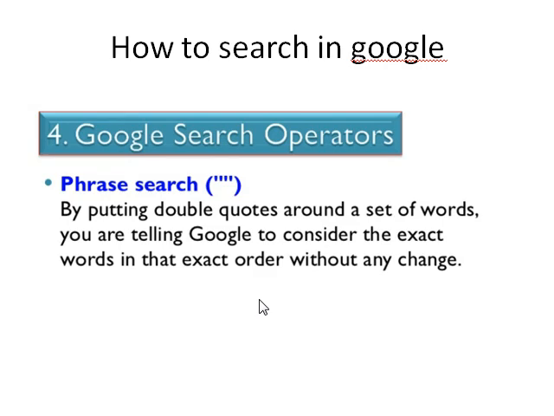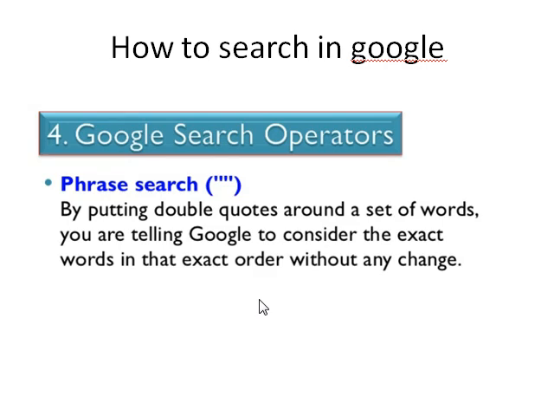For example, if you write optimization techniques, the Google search results may include one text with techniques, optimization, and optimization techniques.